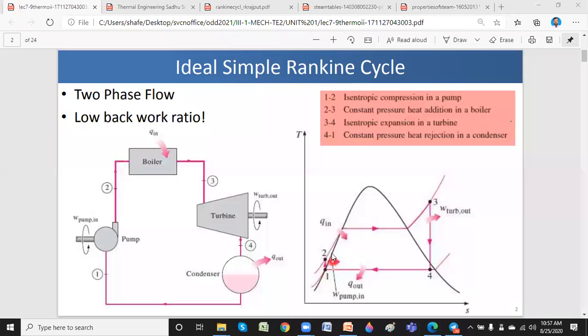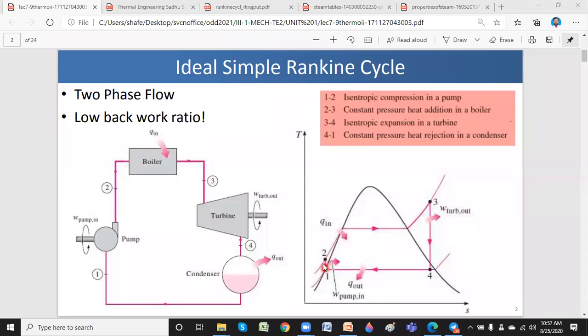This is basically the pump work, or PV work, the pressure and volume work. We'll assume that 1 to 2 is an isentropic process. Now I'll determine H2 with the help of the PdV work, that's the pump work.